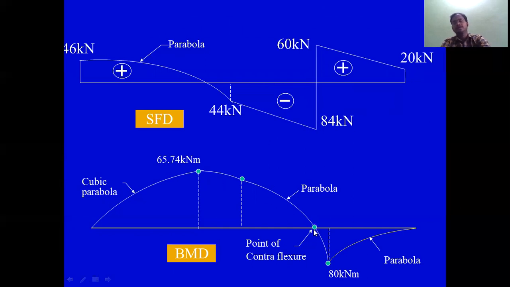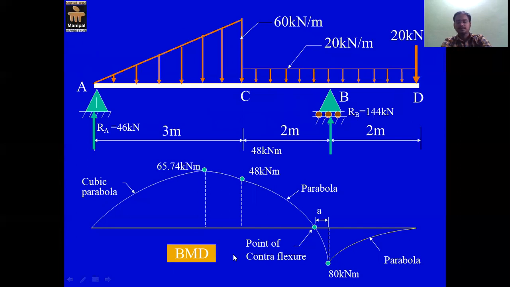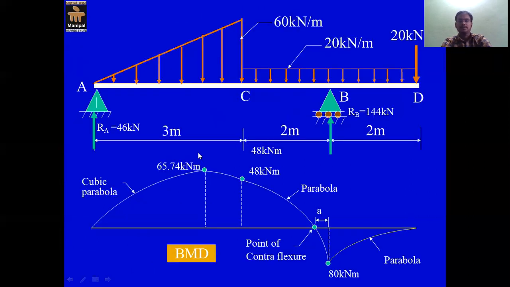If you want to find the point of contraflexure, you can determine it using the bending moment principle, as we used for calculating the absolute maximum bending moment. We have done this. Next one, the point of contraflexure, that is what we have to determine.